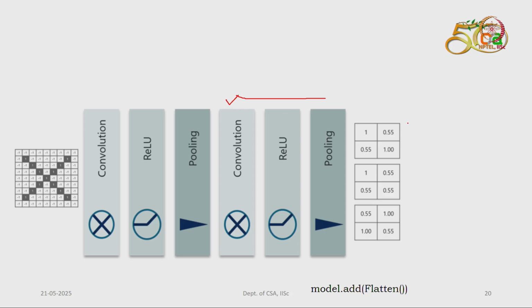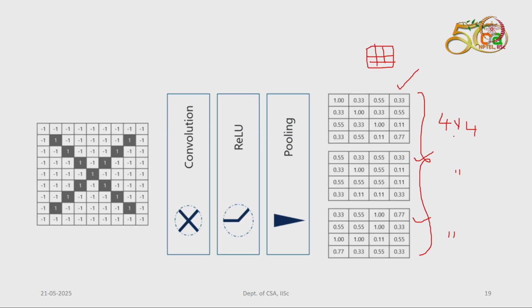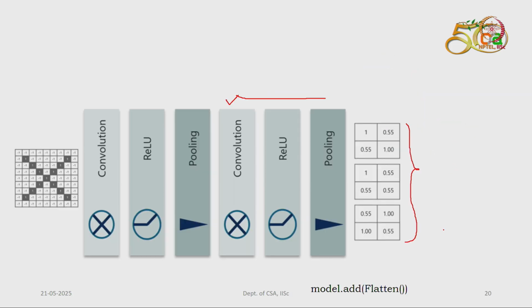Now these are the features that we have obtained. Earlier it was 4 cross 4, and we had 3 of them. Now we have 2 cross 2, 2 cross 2, 2 cross 2 and 2 cross 2.